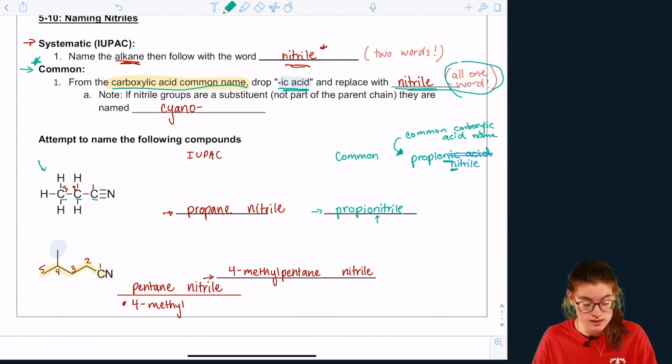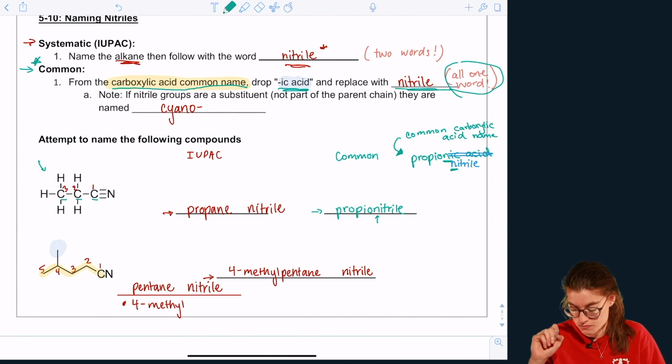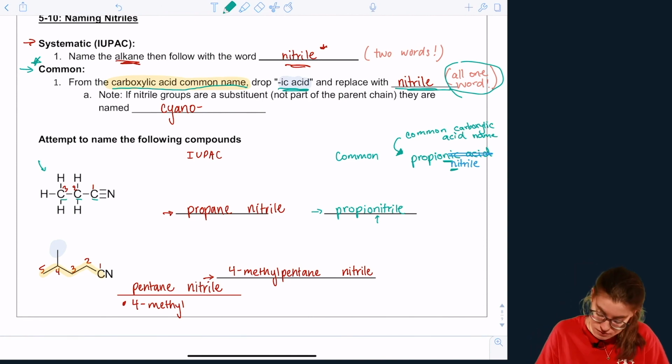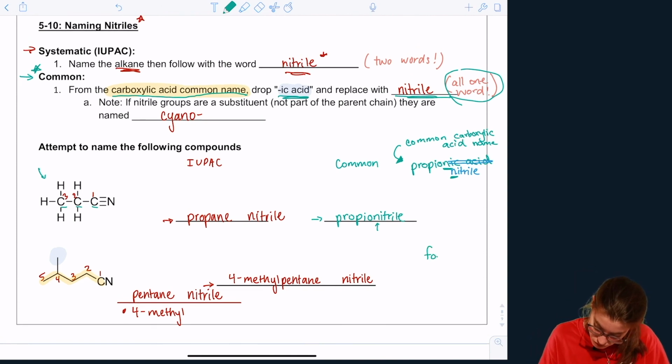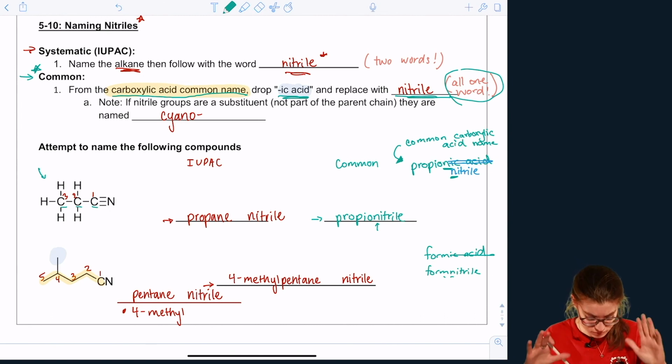So if this was a carboxylic acid with 1 carbon, it would be called formic acid, but we're going to drop the ic acid, so it would be, I have to spell it out, hold on. Formic acid would become formnitrile. See, that seems weird. Anyway, I don't really like the common way of naming. So I stick with the IUPAC way.